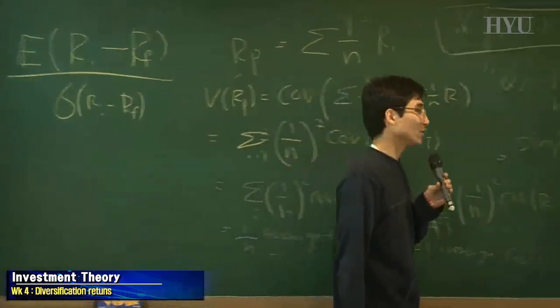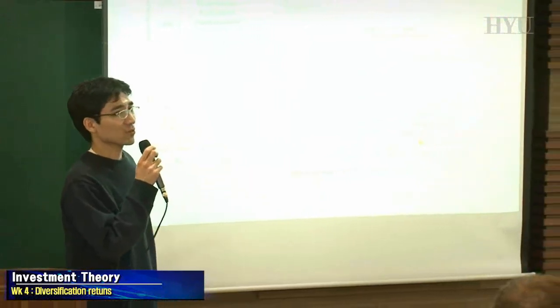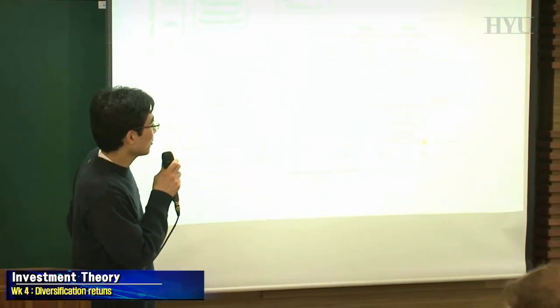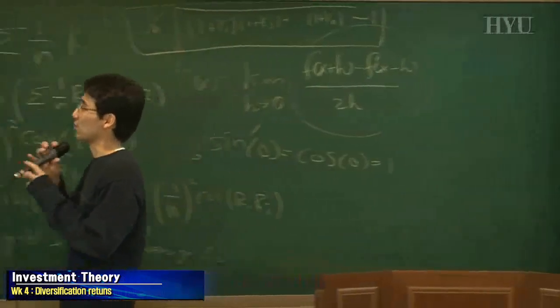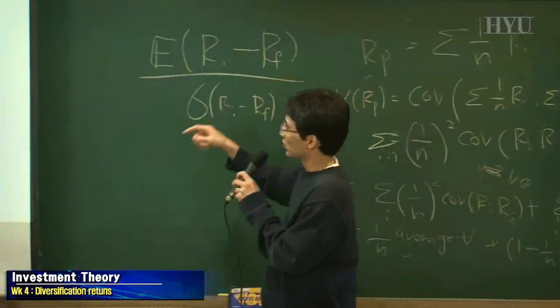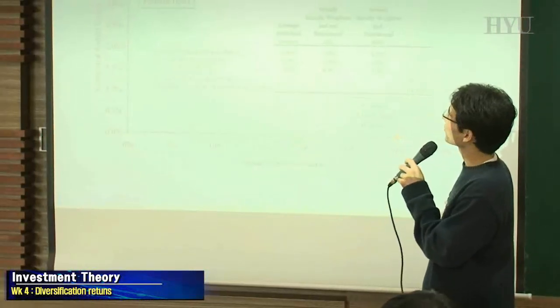So for individual securities, as the previous chart shows, each individual excess return is not statistically different from zero, so this part is zero. That's why this Sharpe ratio is close to zero.